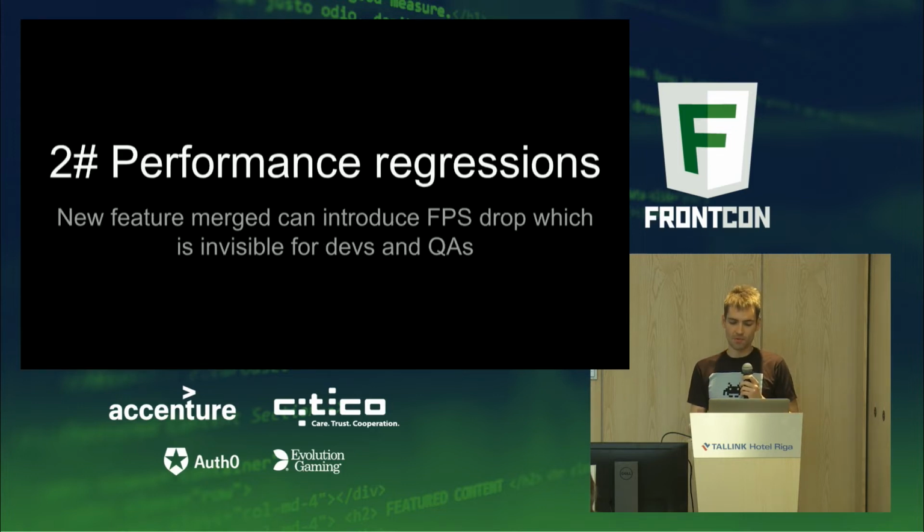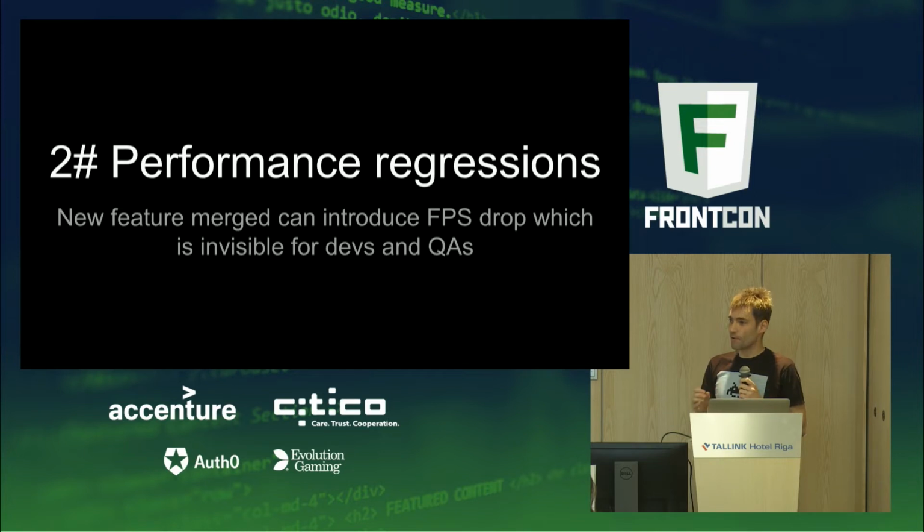The second problem is performance regressions. The aim is to have 60 frames per second, but developers do merge requests. They introduce new features, and every feature potentially hits performance in the way that it has some regression. It was a big problem because one single feature doesn't hit performance a lot, and QA or a developer can't actually track this regression.